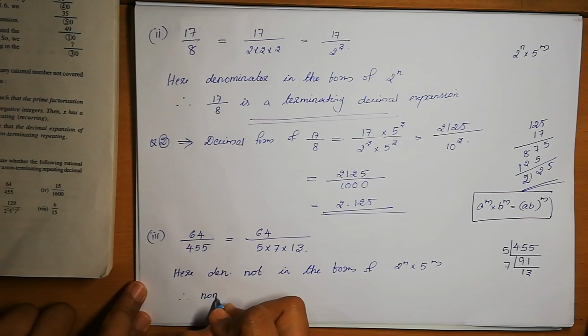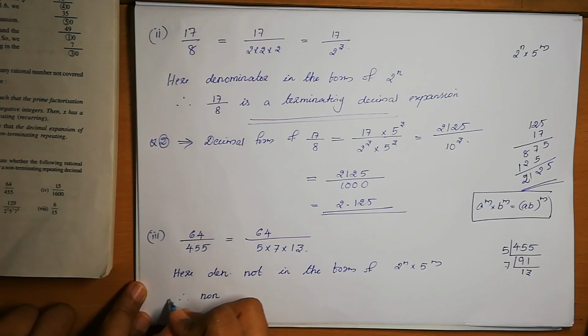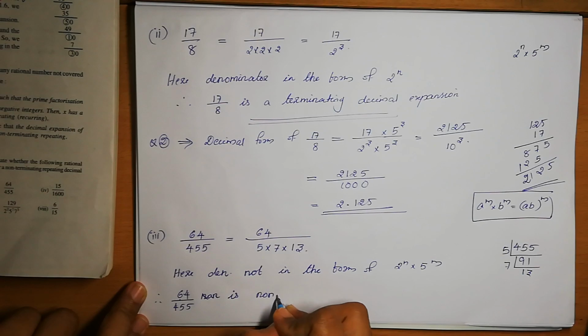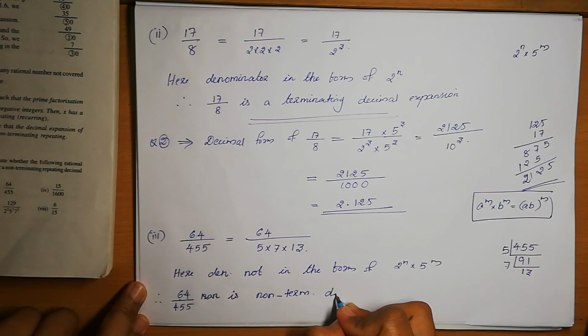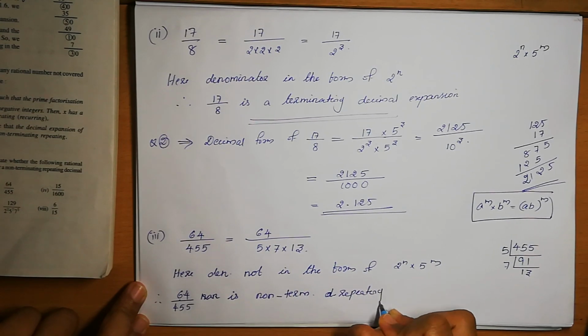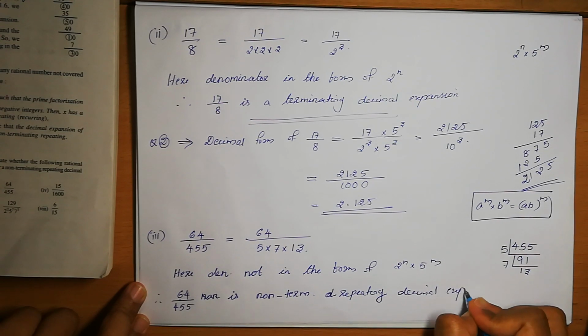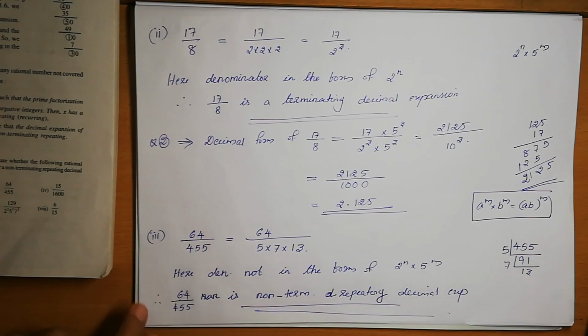Therefore, 64 by 455 is a non-terminating decimal. Non-terminating repeating decimal expansion. Answer.